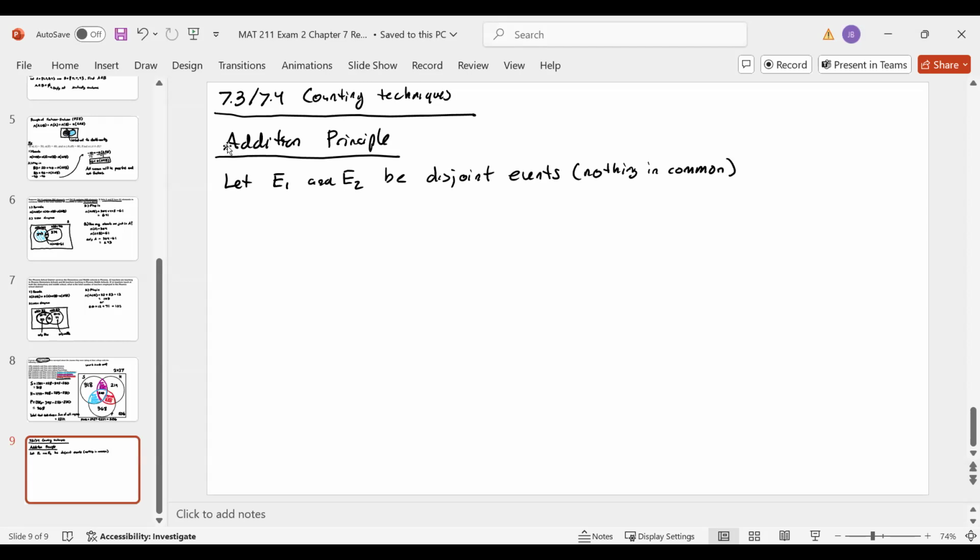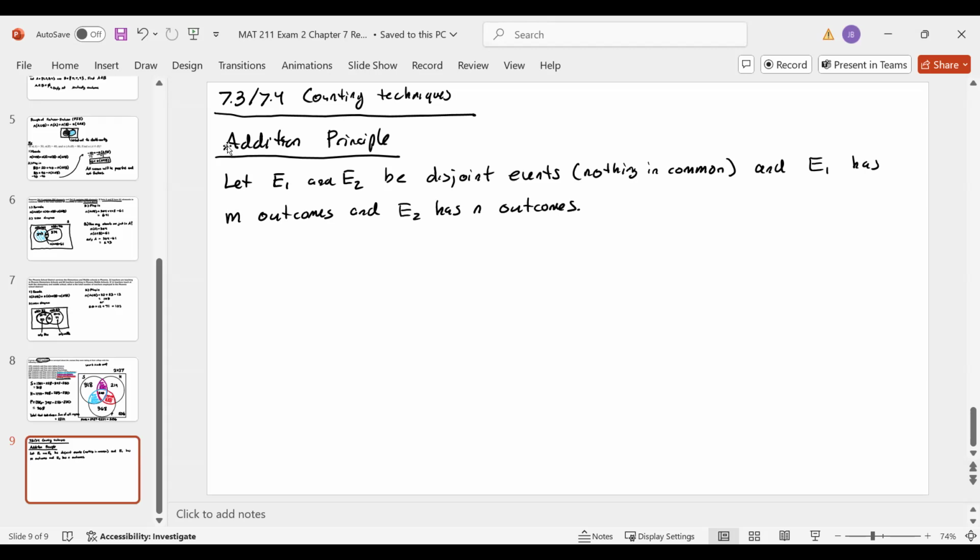E1 has M outcomes, and E2 has N outcomes.